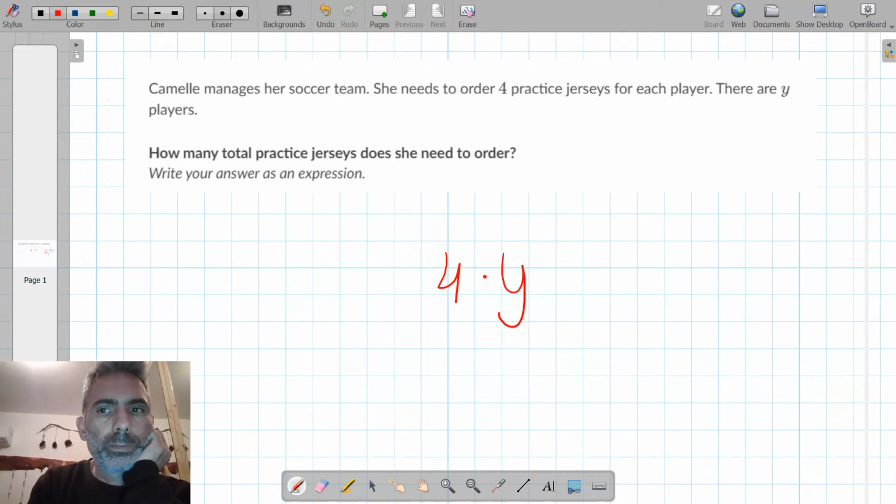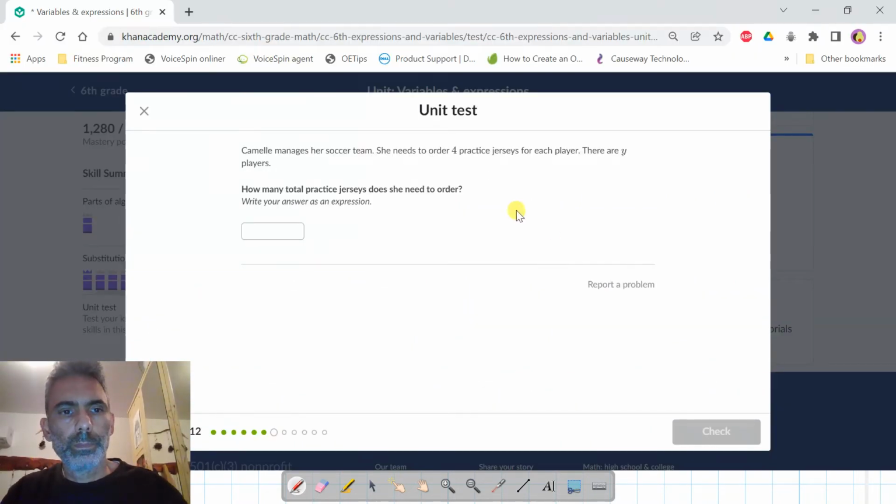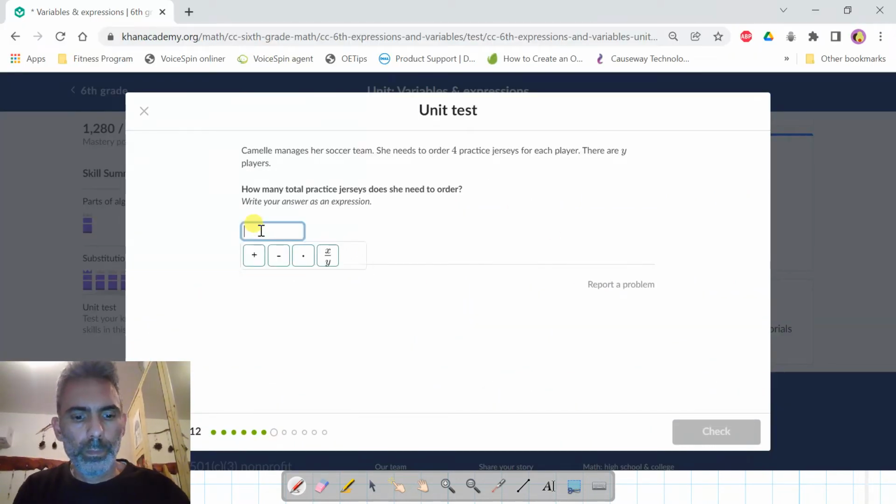This is the expression for Y. 4 times Y is 4Y. How many total practice jerseys does she need to order? Write your answer as an expression. Okay, so 4Y is the expression.